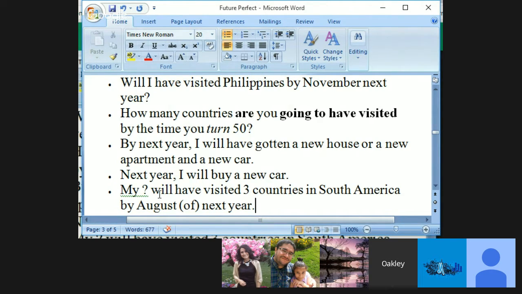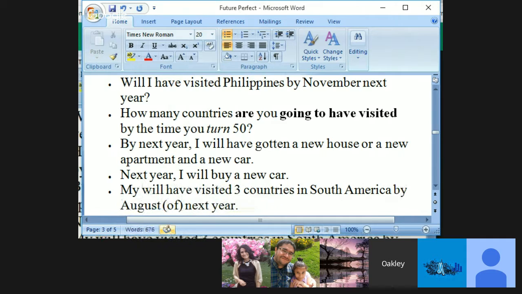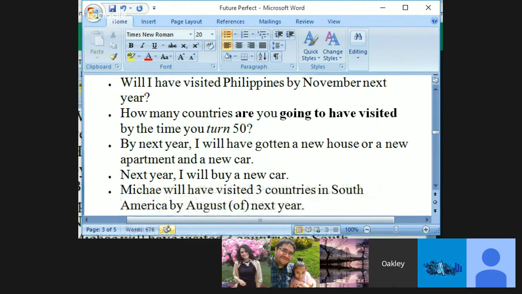My car will have visited? Oh, that's nice. You got one of those Google driverless car things? All right. Michael will have visited three countries in South America by August next year.